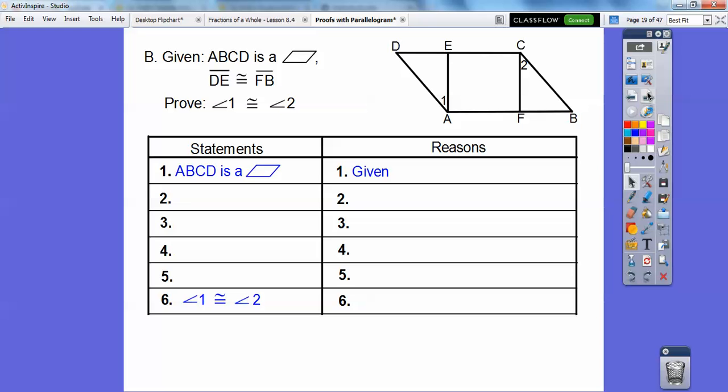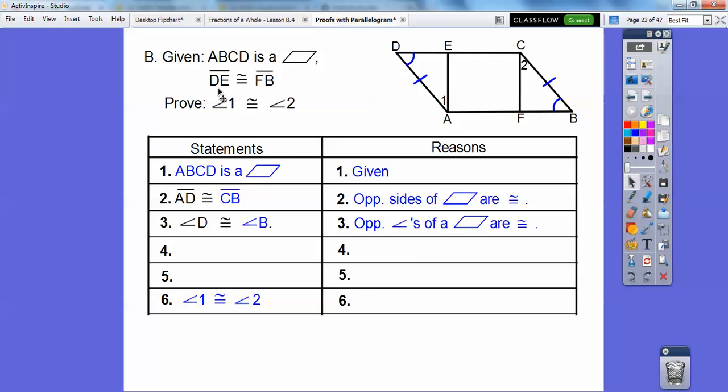All right, so opposite sides of a parallelogram are congruent. So where's AD? AD is going to be congruent to CB because opposite sides of a parallelogram are congruent. And then we can say opposite angles of a parallelogram are congruent. So angle D is going to be congruent to angle B because this whole figure is a parallelogram, okay?